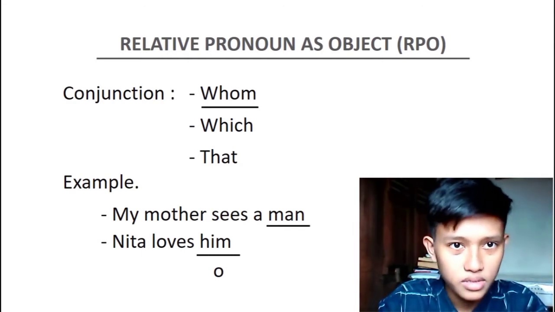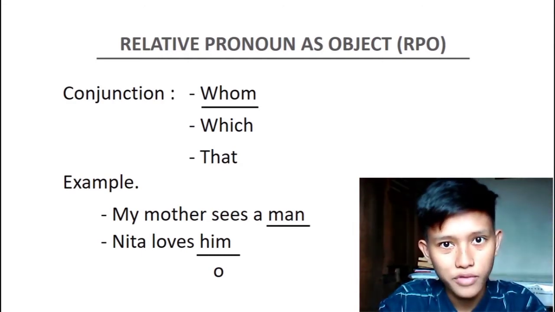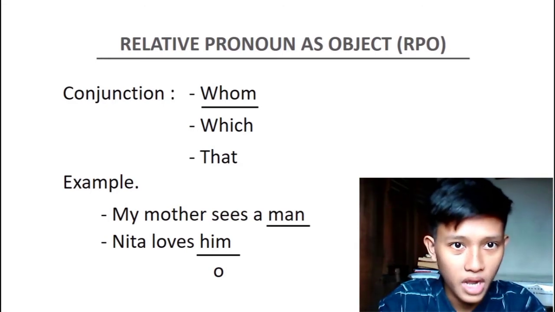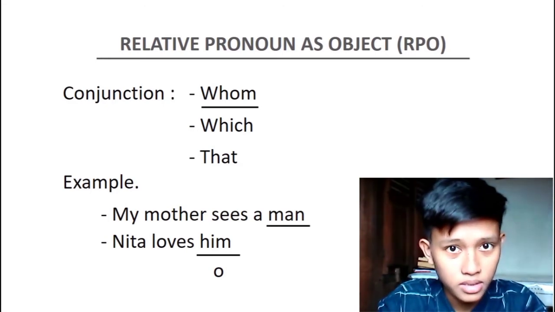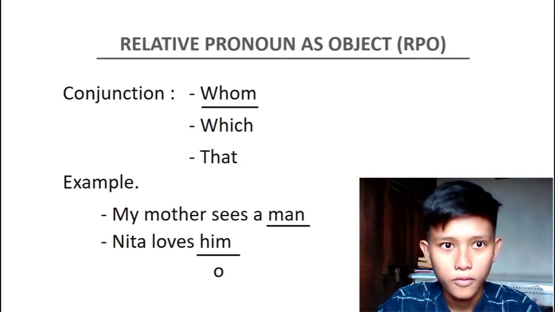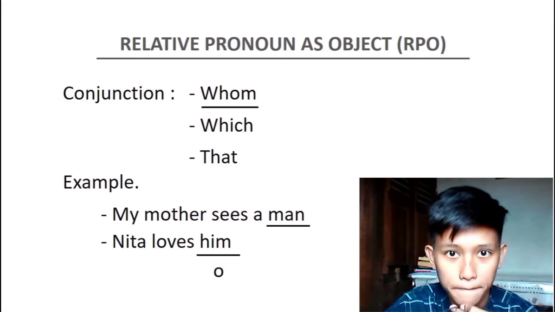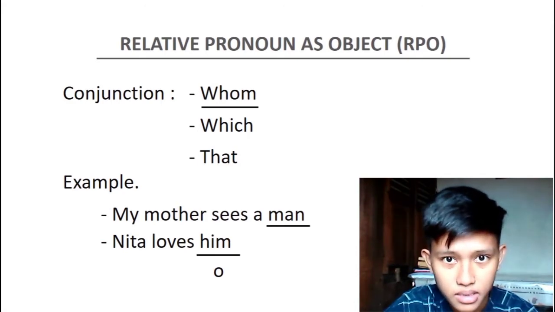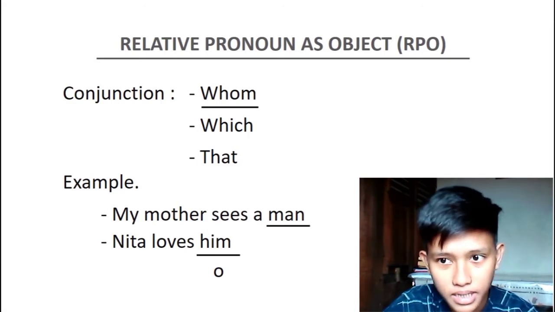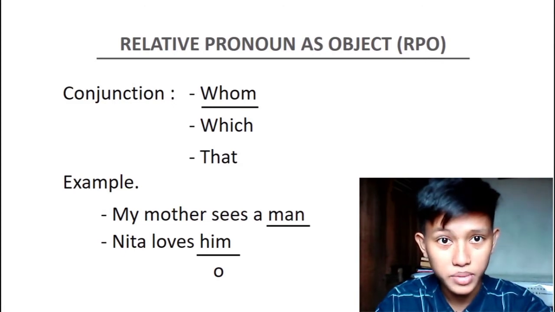If the noun refers to a person, then we use whom, and if the noun refers to a non-person, then we use which. For example, my mother sees a man. Nita loves him. Man is an object, him is also an object. Man refers to a person, so we use whom as the conjunction.